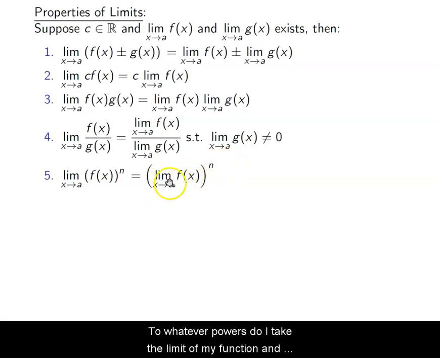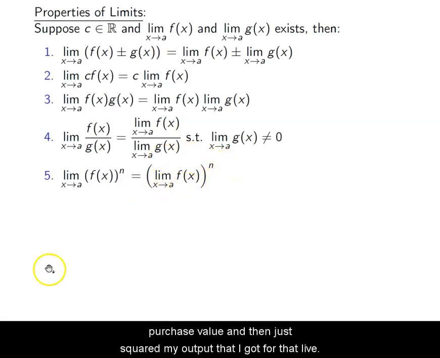So I take the limit of my function and then I just raise that number to the power. So remember, whenever we have limit of the function, this is a number. So here I'm taking the limit of a function. That function happens to be, maybe it's sine squared, for instance, right? It would be the same thing as if I found the limit of sine as I approach this value and then just squared my output that I got for that limit.